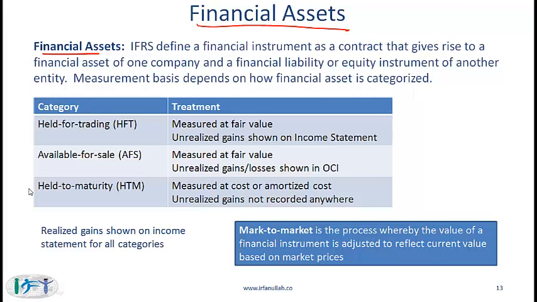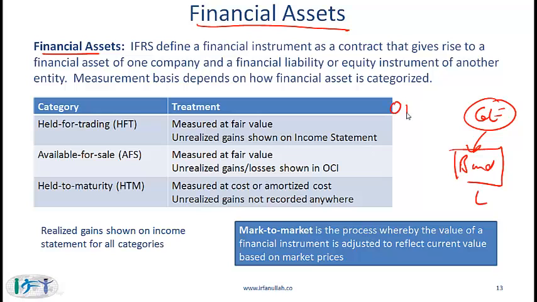Before we get into the different categories and the measurement basis, let's just understand this simple point over here. Let's say you have a given company such as General Electric, which issues a bond. When General Electric issues a bond, it is borrowing money. So for General Electric, the bond is a liability.